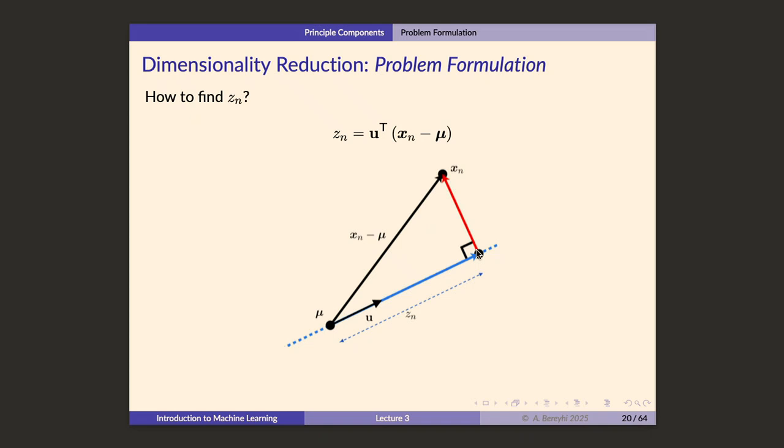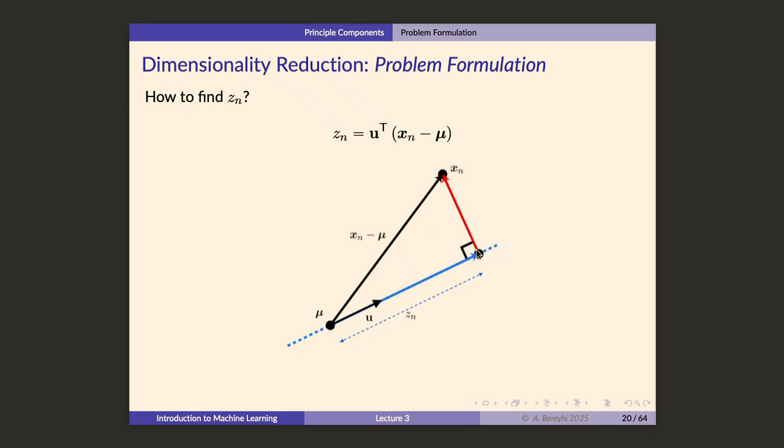Do you see it or not? So x here, this is the point that you have, minus your origin, or your bias, sorry. It's going to be x minus mu. Once you have this, how do you compute z, the value, this distance? How do you compute z? You just project this one on u, correct?